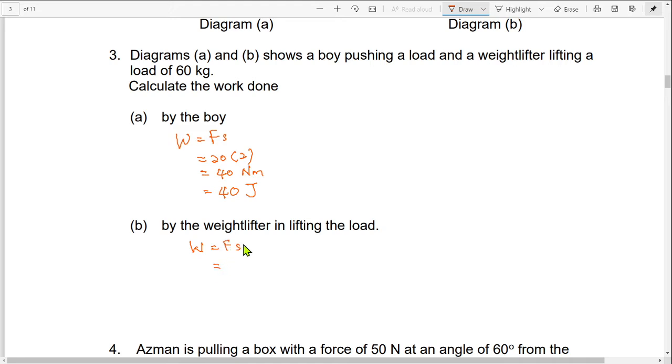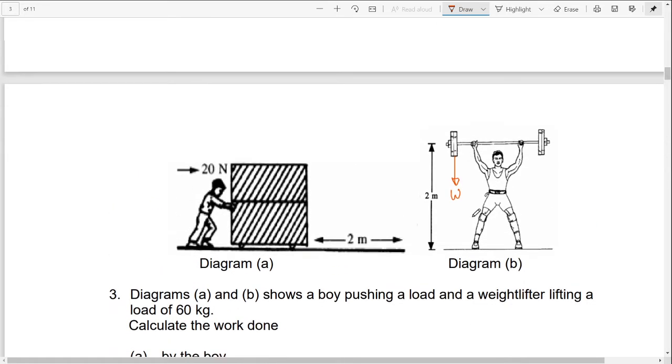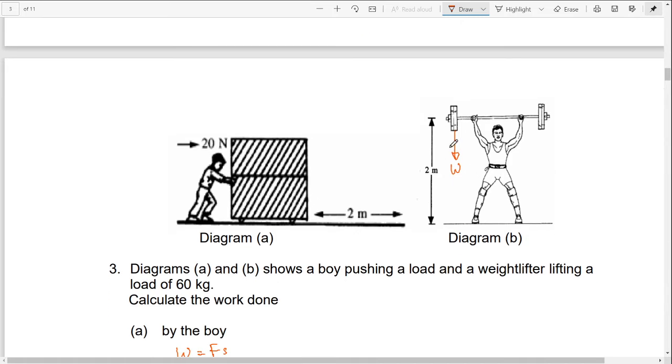So what is my F? My F would be the weight of this load, right? And here it is given that the mass is 60 kilogram. So my W in this whole system will be 60 multiplied by 10, correct? That will be 600 Newton.